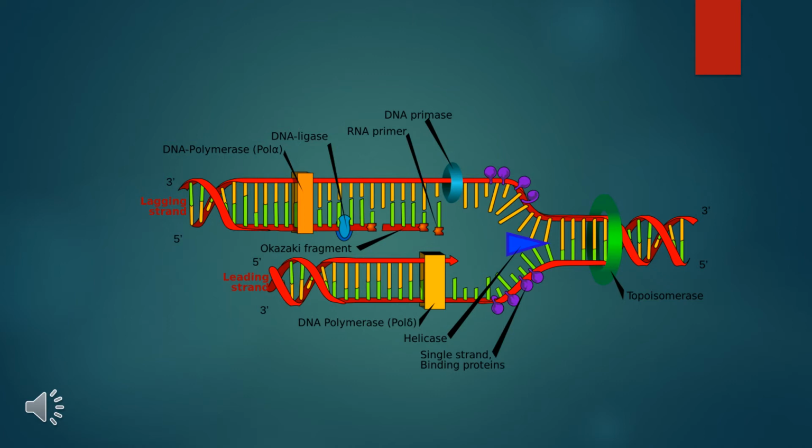DNA primase is another enzyme that is important in DNA replication. It synthesizes a small RNA primer which acts as a kickstarter for DNA polymerase. DNA polymerase is the enzyme that is ultimately responsible for the creation and expansion of the new strands of DNA.